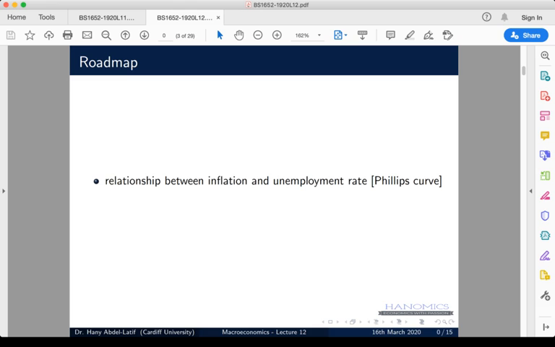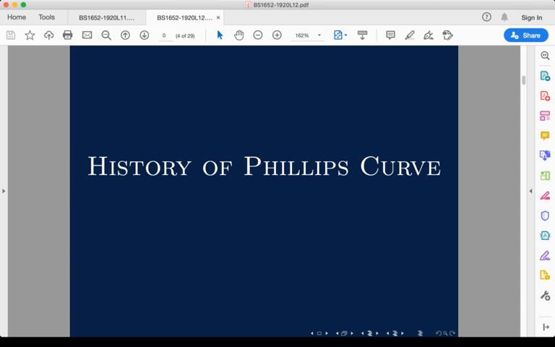What I want to do next is give some background of the Phillips curve and how it started, and then we'll move forward to how we understand the Phillips curve today.